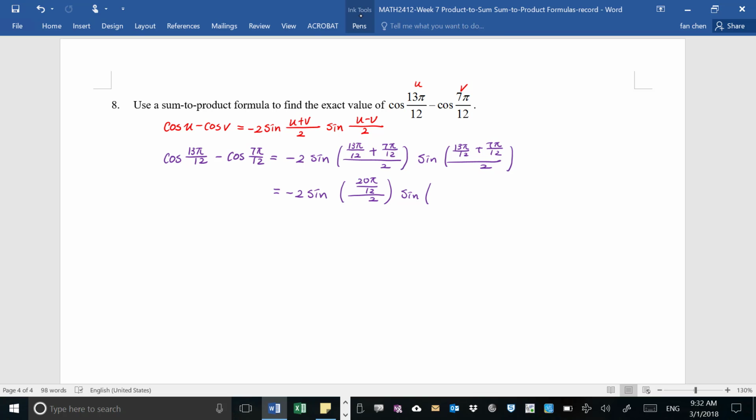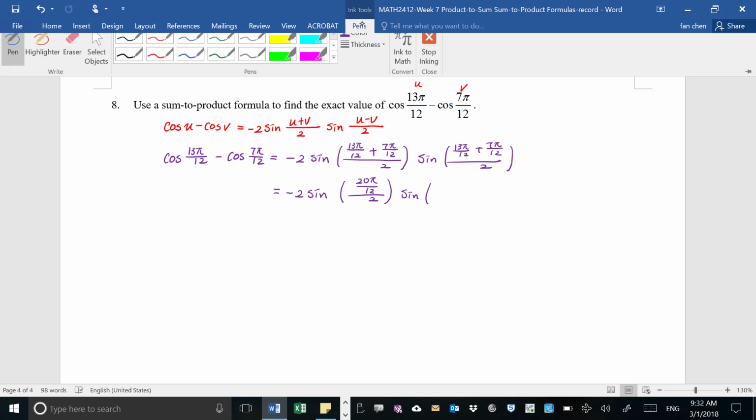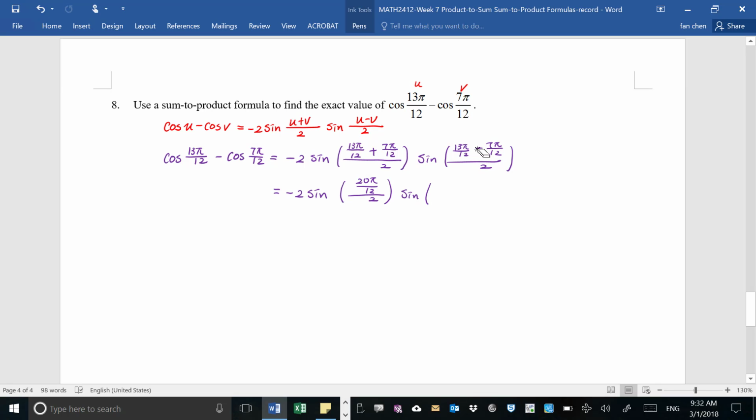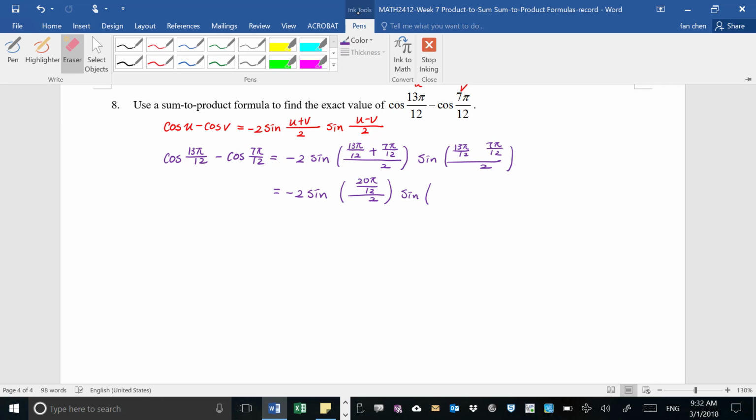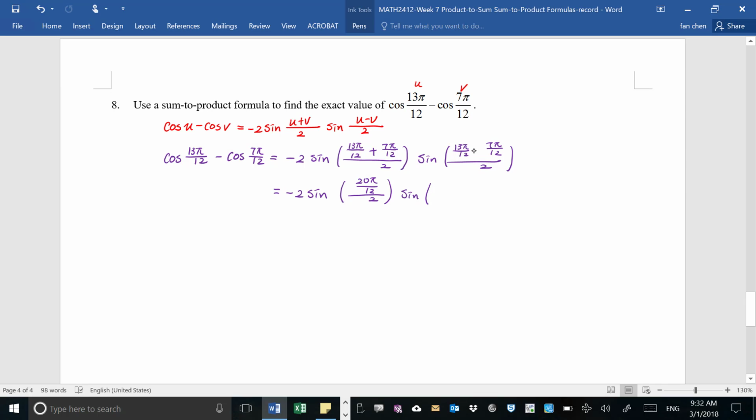Oh, why did I write it twice as plus? This one is minus. Okay, so that will be 6 pi 12 over 2. Okay, continue to simplify these complex fractions.